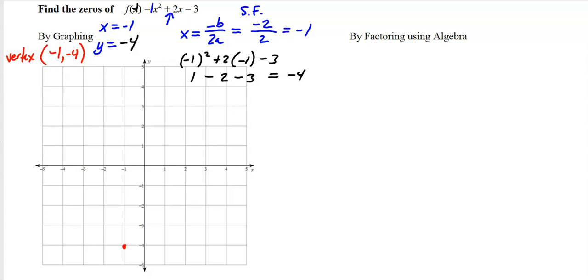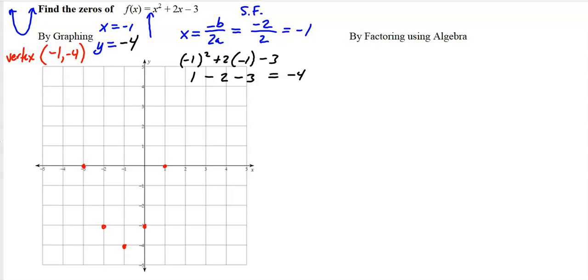Luckily for us, when I go back to the original equation, the a value, or the coefficient in front, is a positive number, so I know it's going to be concave up, so it's going to go up. And there's no stretch factor, so I know it's going to follow the typical curve, which is over 1, up 1, over 1, up 1, over 2, up 4, and over 2, up 4.